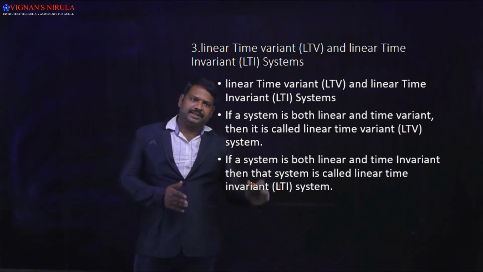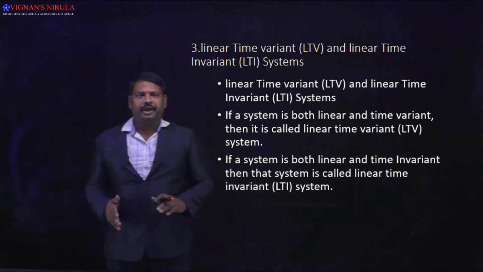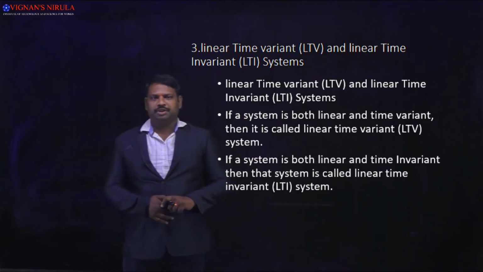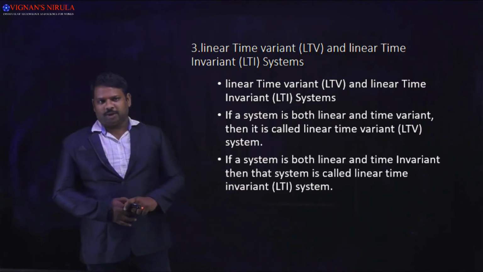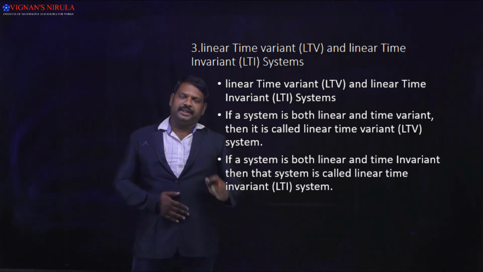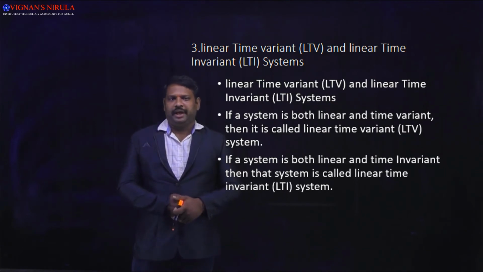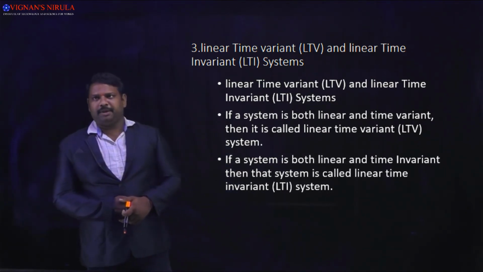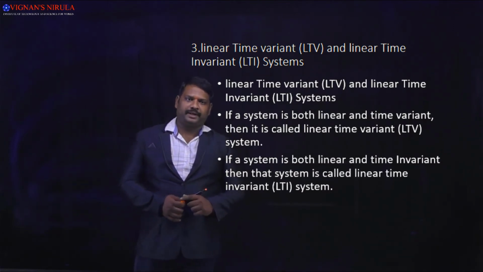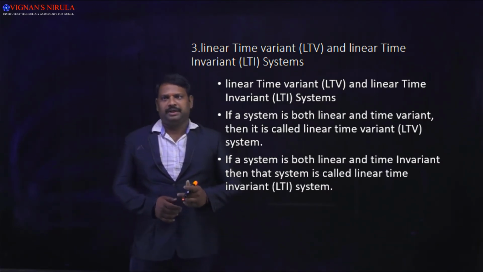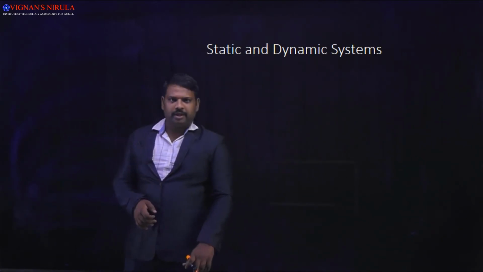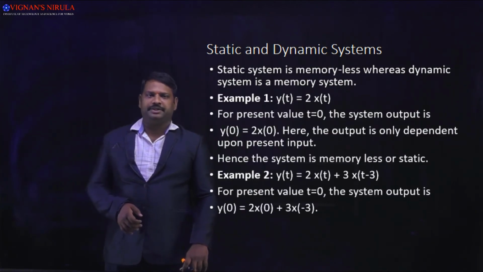If the system satisfies linearity and time invariance, it's called a linear time invariant system. Basically, linear time invariant systems are practically realizable, but linear time variant systems are not practically realizable cases.